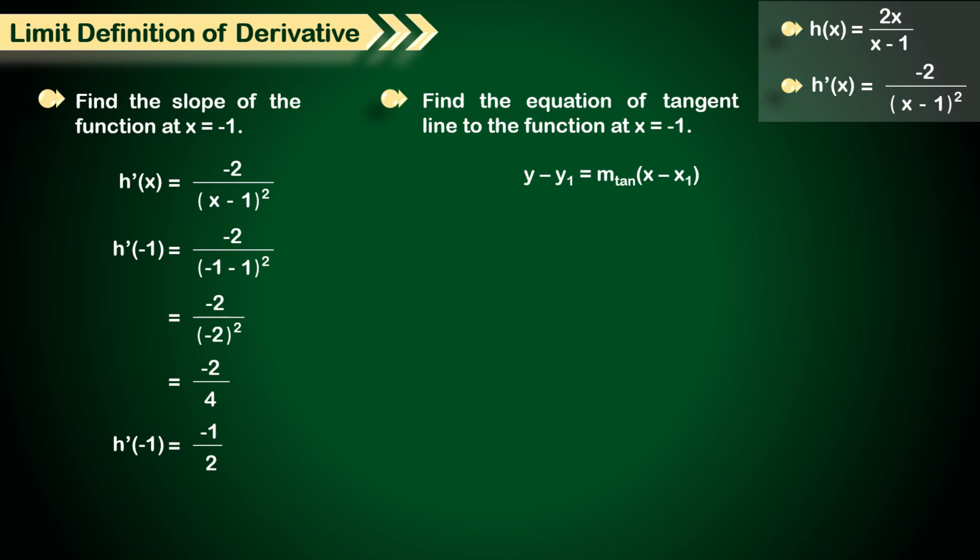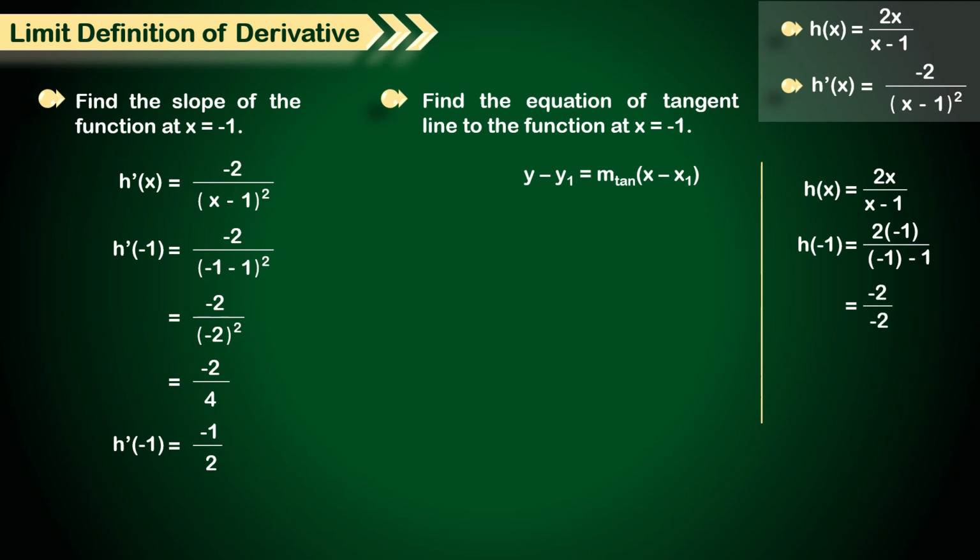To find it, substitute the x-coordinate into the function. h of negative 1 is equal to 2 multiplied by negative 1 over the difference of negative 1 and 1. Simplify. We have negative 2 over negative 2. Simplify. Therefore, the y-coordinate is 1.